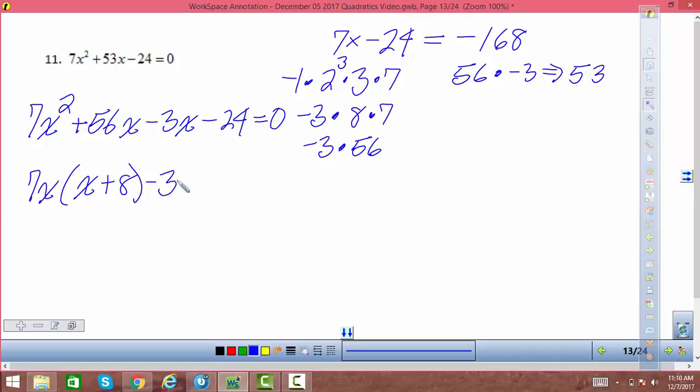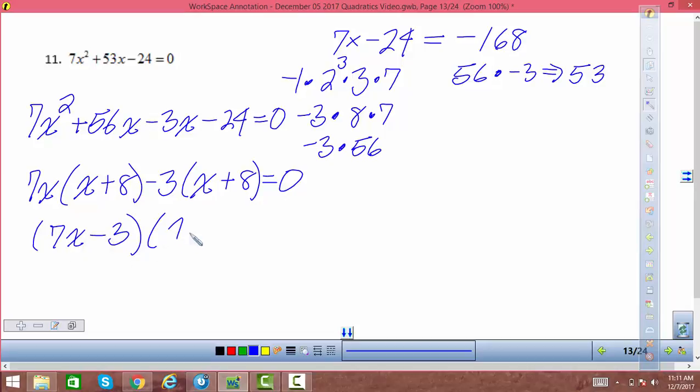So minus 3 times x plus 8. Where did the plus 8 come from? Well, I'm dividing out a negative 3. So negative 24 divided by negative 3 is positive 8. So my factorization is this: 7x minus 3 times x plus 8 equals 0.